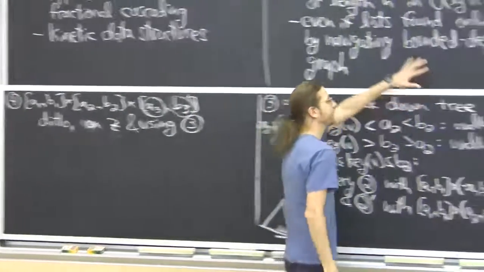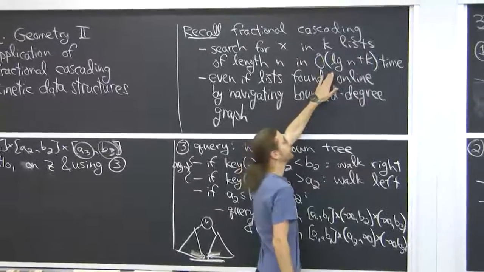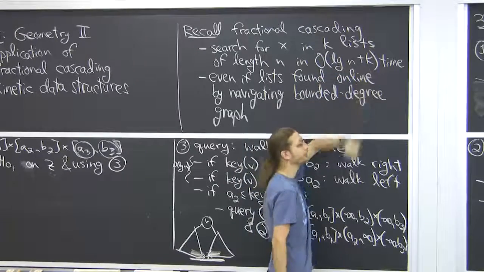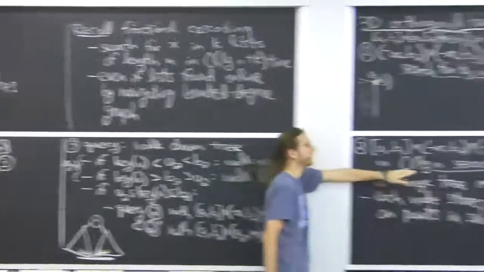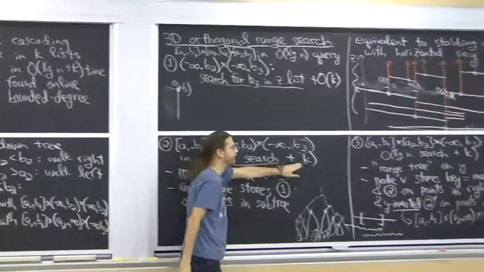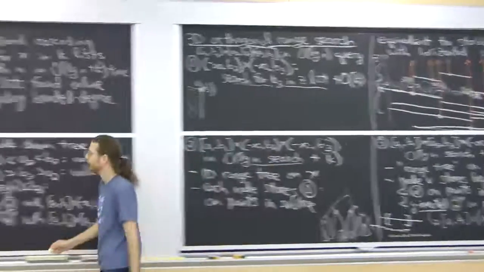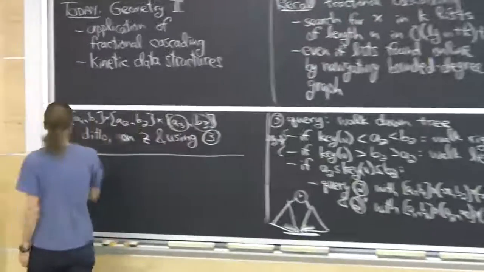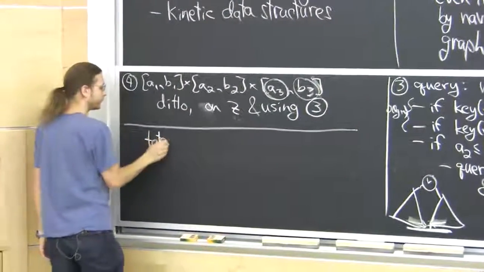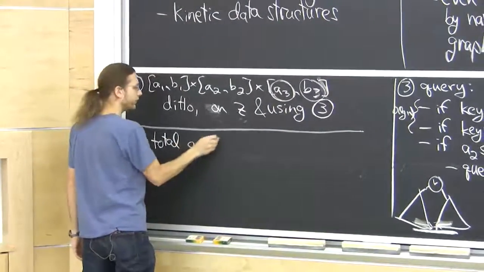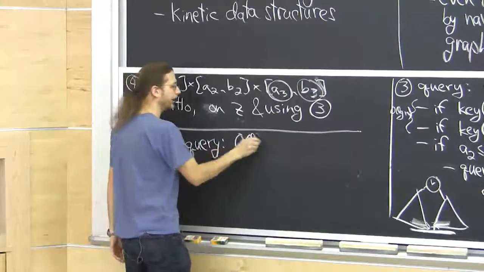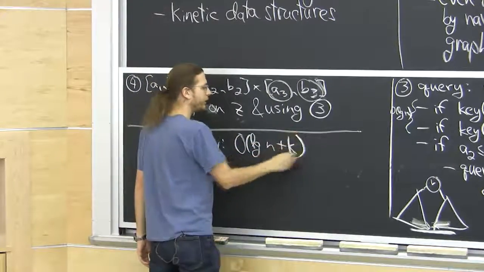And in the end, we get log n to do the first search, plus the number of searches. The number of searches is log n, plus k, where k is the size of the output. So total time is log n plus k.